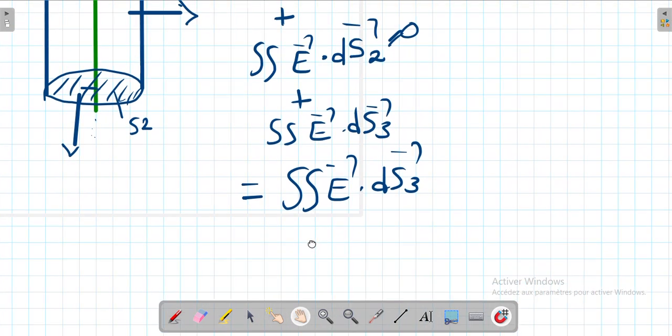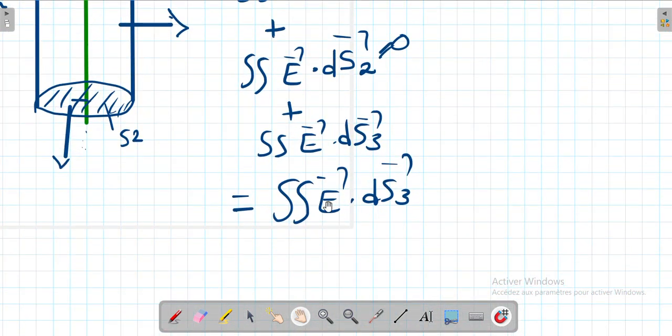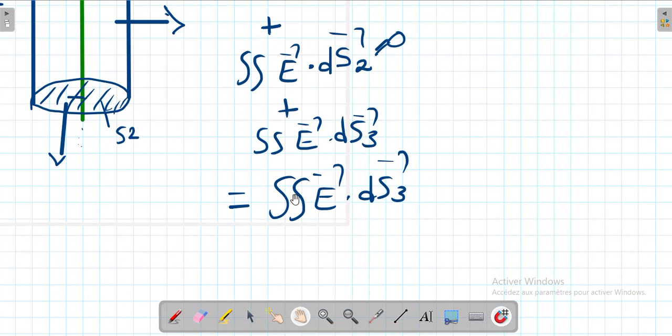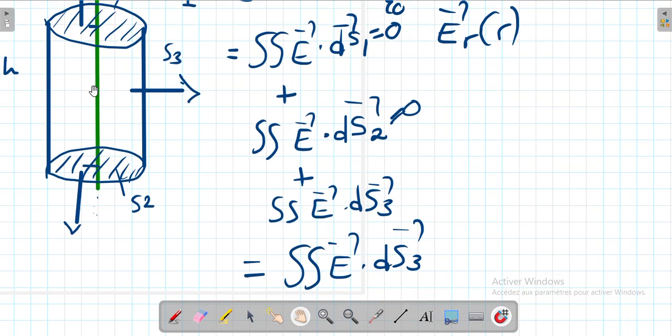Now, whenever you're using Gauss's theorem, E always comes out of the integral, always. But I'm also going to give you the logic behind it. The reason we take it outside is because the radius on this surface is constant, and E is only dependent on the radius.